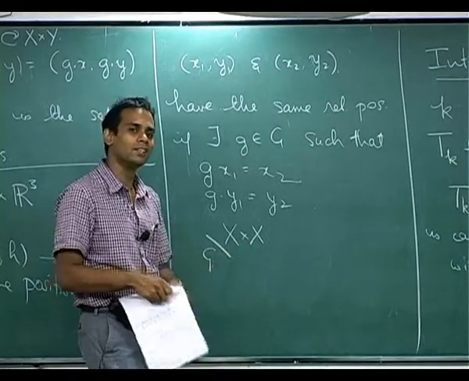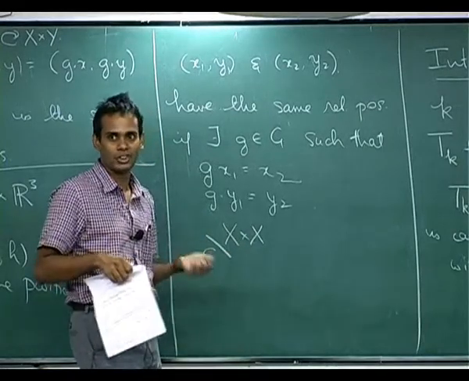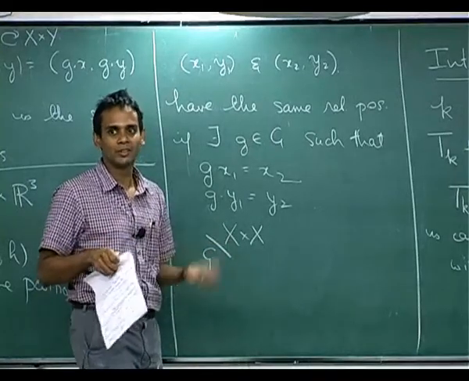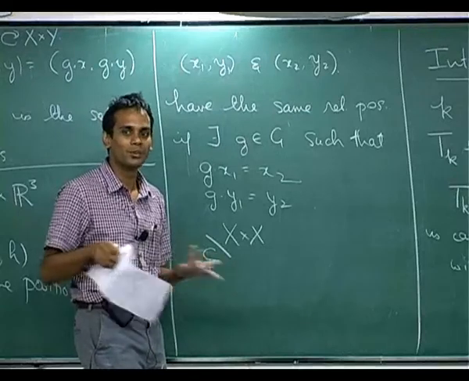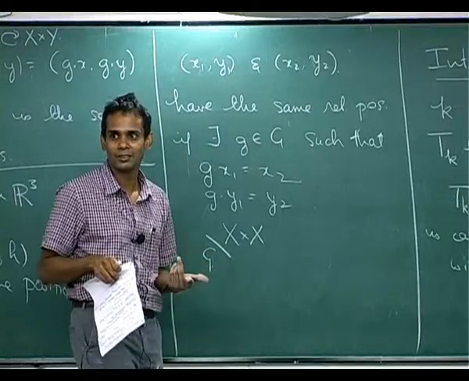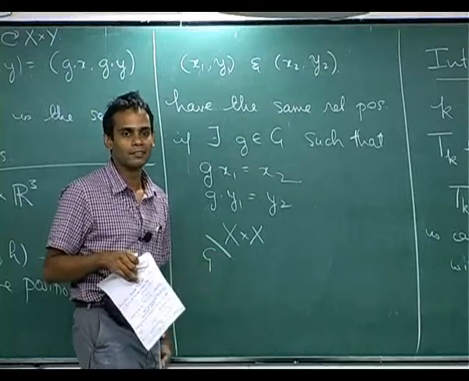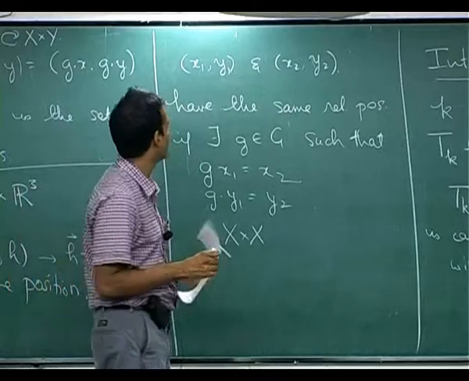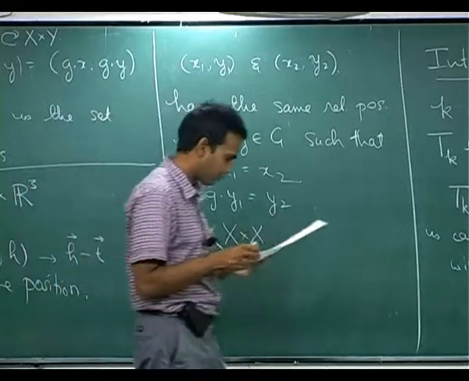If two points are equal, there's no way you can act on them by G simultaneously to make them unequal, and if they're unequal, there's no way you can make them equal. So that's like the crudest invariant of relative position, whether two points are equal or not. We'll look at finer invariants in different contexts, and we'll look for complete invariance. So that's the game.